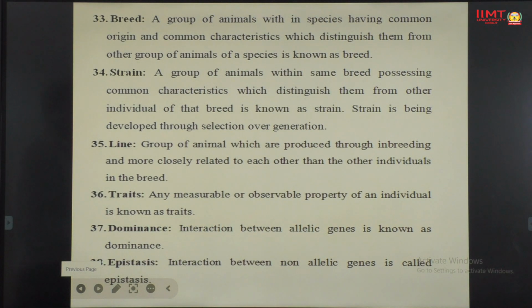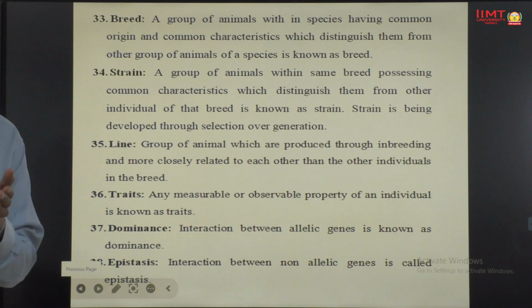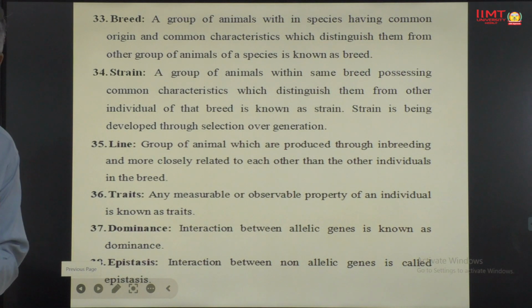What is trait, or character? Any observable or measurable property of an individual is known as a trait. It is an observable property in the case of a qualitative trait and a measurable property in the case of a quantitative trait.